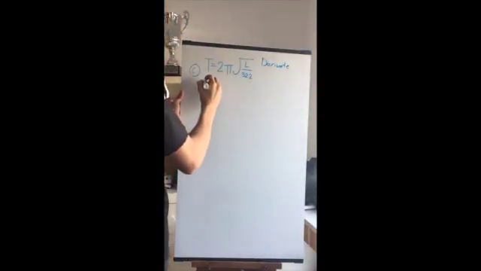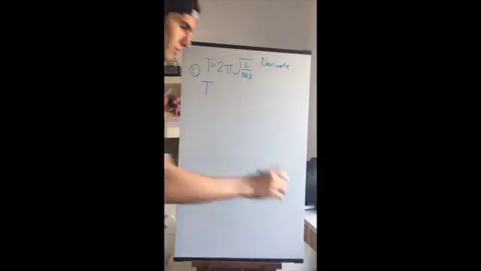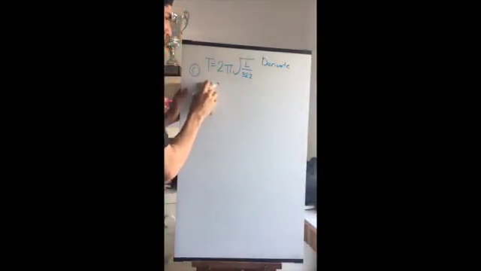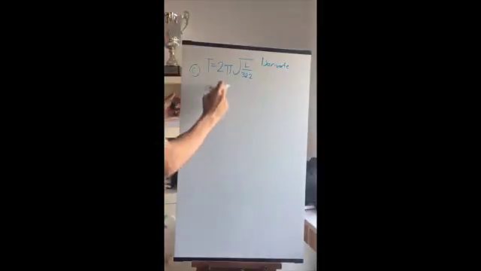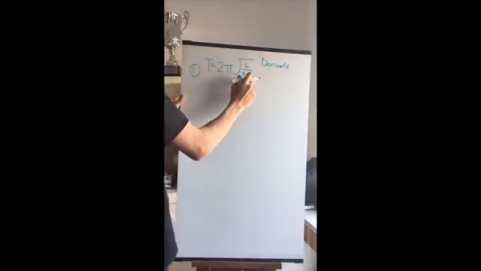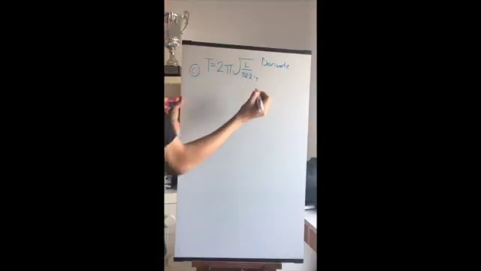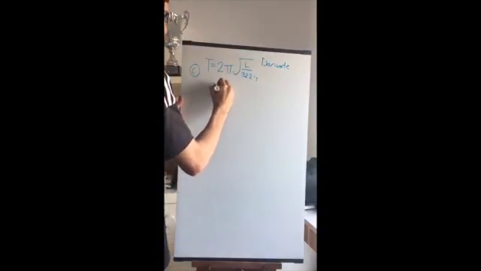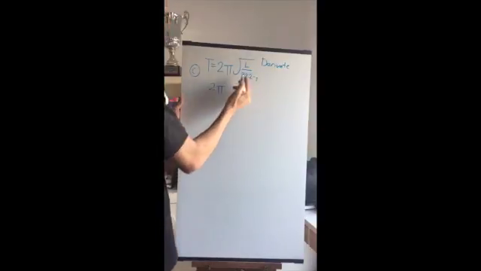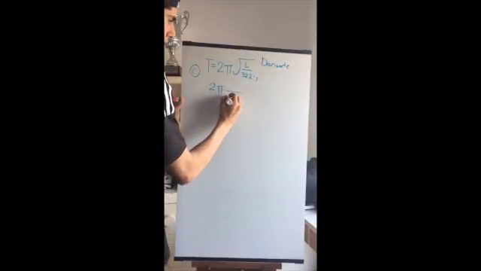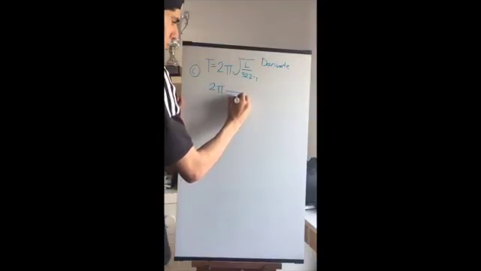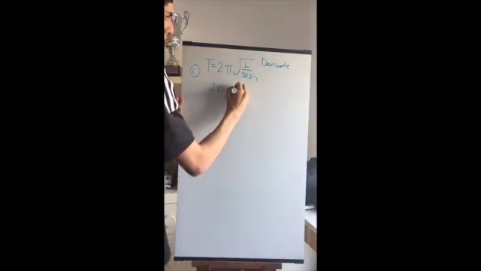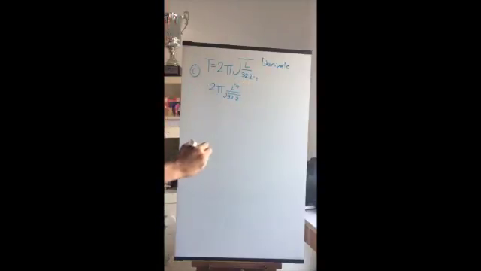First of all, it's T. Well, we can get rid of the T. We don't really need it right now. So we have 2 pi square root of L over 32.2. This is equal to g, which is the gravity. But I don't want any more variables. So we have 2 pi, and this is the same thing as having 32.2 square root of L to the 1/2 power. So now we're going to differentiate.